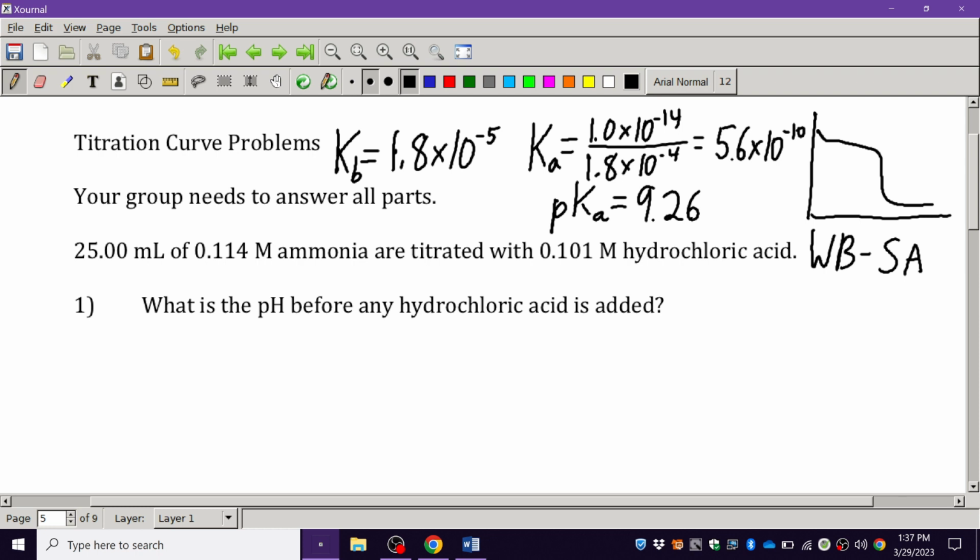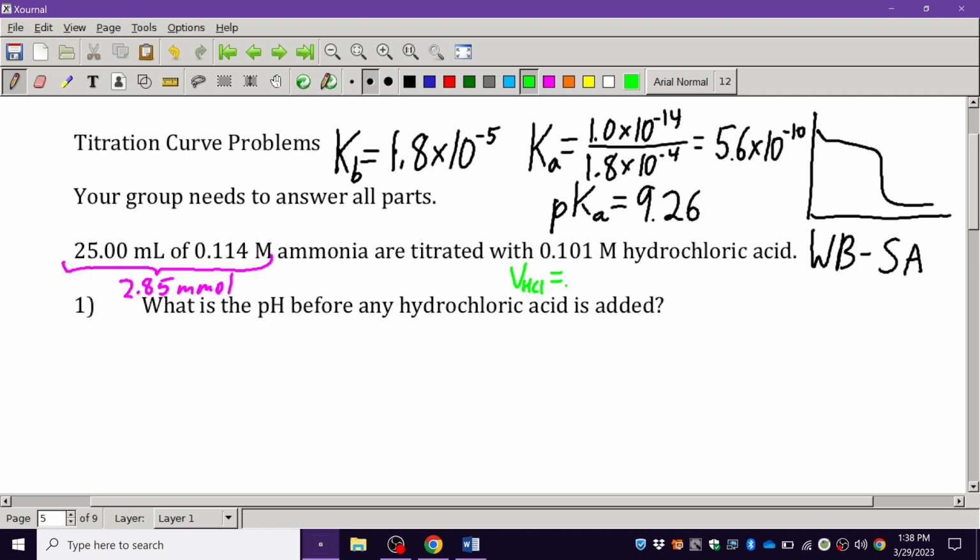All right. How many millimoles of ammonia do we have in our analyte? Okay. All right, so the other thing we can think about then is, what's the volume of the HCl we need to reach equivalence?